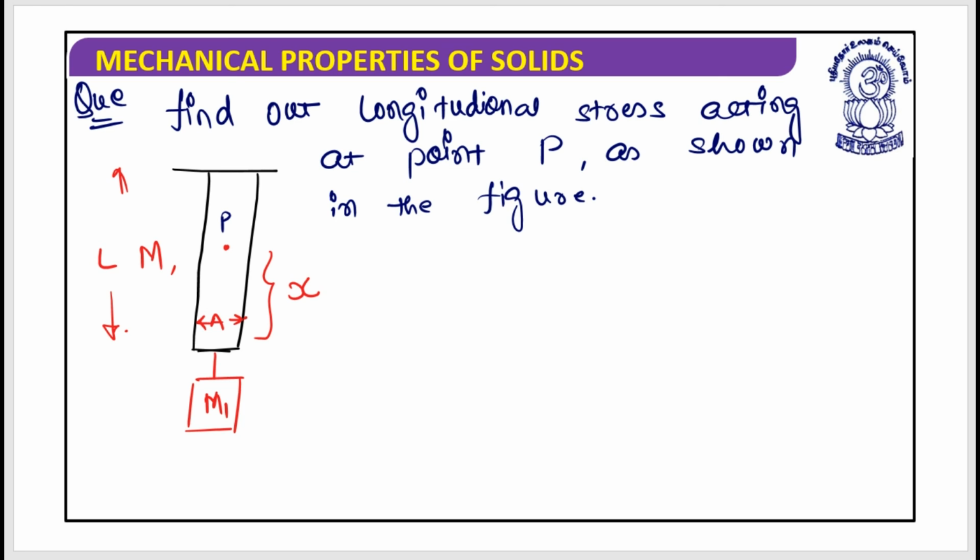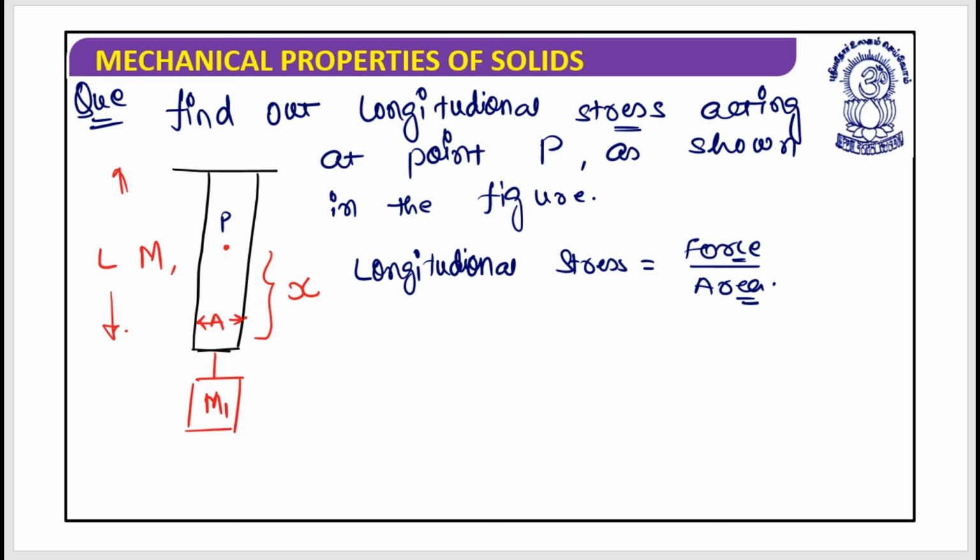What I need is basically the stress. It's a longitudinal stress, and longitudinal stress is equal to force divided by area. At this point, what is the force that is acting?